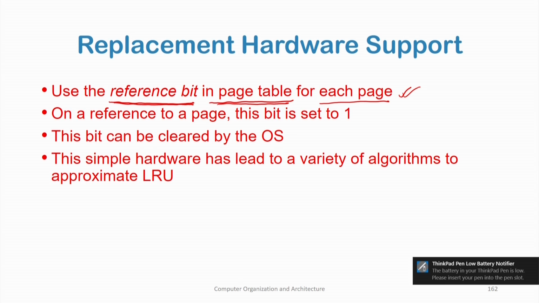And what do I do? This reference bit is set to 1 if this page is referenced in each epoch, and at the end of the epoch I zero down all the reference bits. I go to the OS, I zero down all the reference bits, and at a given time I try to find a page whose reference bit is 0. In the absence of the reference bit, I take the FIFO order. So, in the FIFO order I try to find that page.